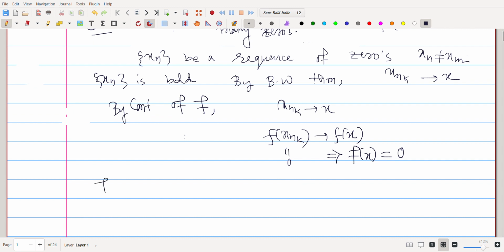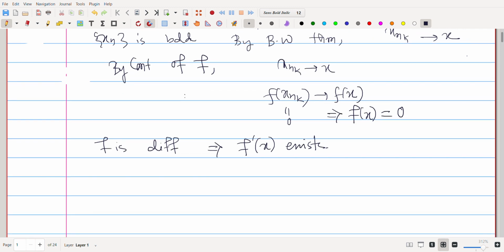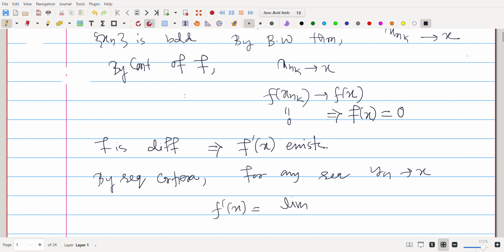Now f is differentiable, so this implies f prime of x exists for this x. Now by the sequential criterion, for any sequence y_n converging to x, f prime of x is the limit as n goes to infinity of (f of y_n minus f of x) by (y_n minus x).